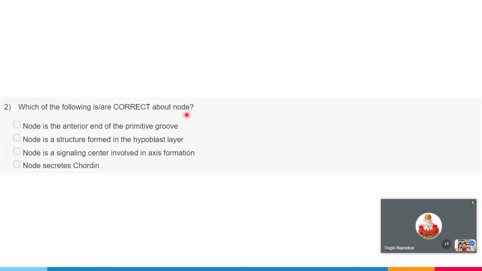At the posterior end of the primitive streak, there is a structure that forms, which is known as the node. This is an embryonic structure, and it secretes various molecules which help in the development of the embryo and establishment of the anterior posterior plan.